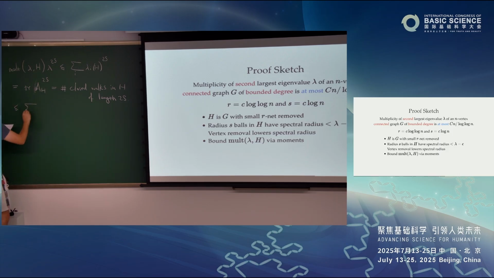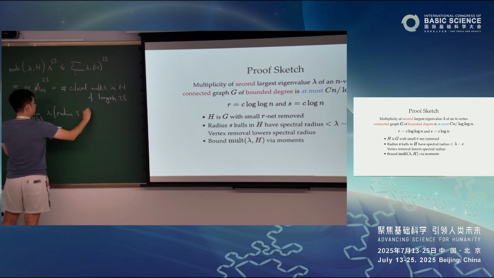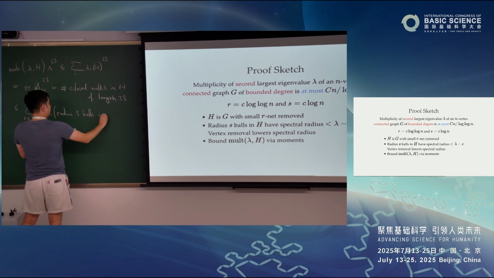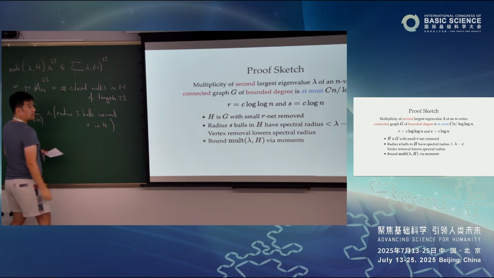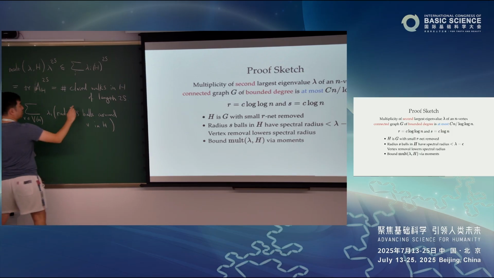Then you can look at all the vertices in H as the starting point. It turns out that the number of closed walks in H starting at vertex v of length 2s is bounded by the spectral radius, the largest eigenvalue, of the radius S ball around v in H, to the power of 2s.